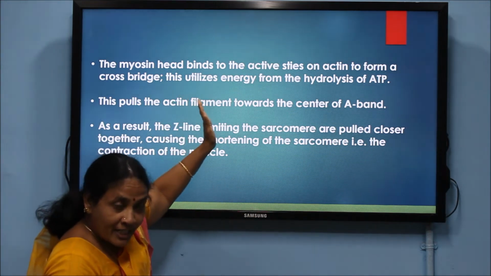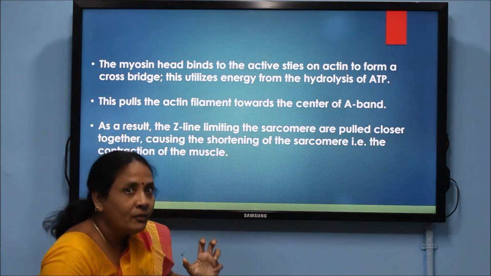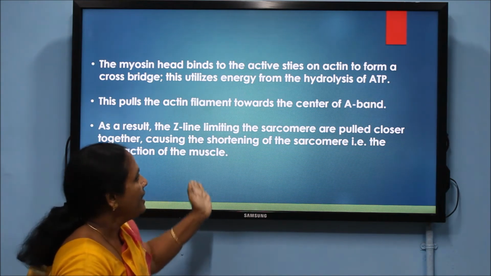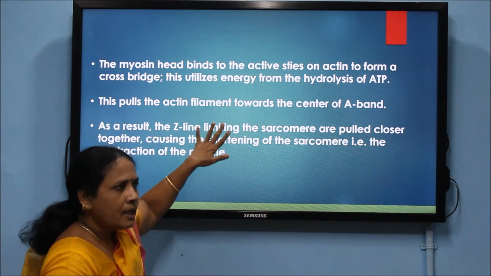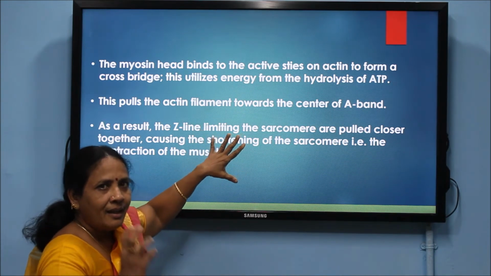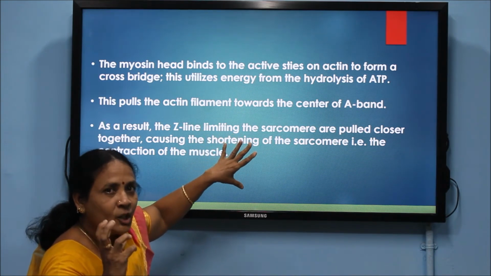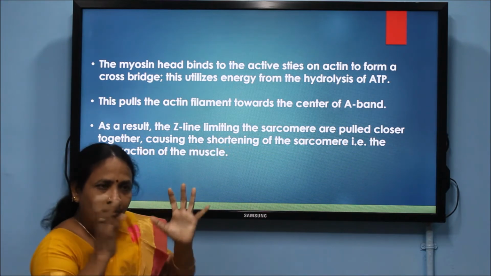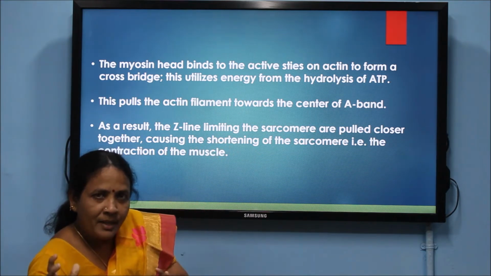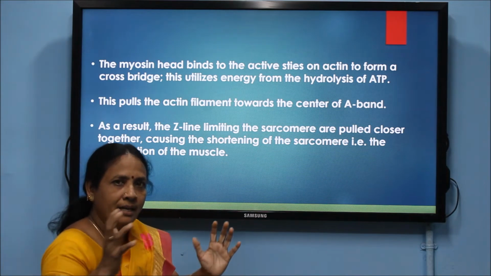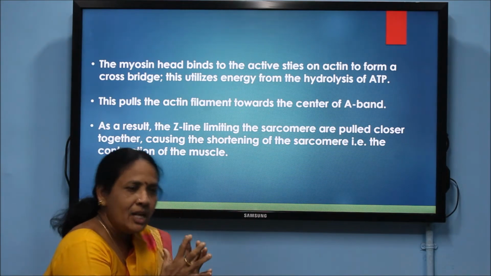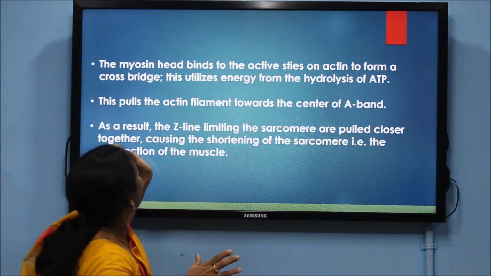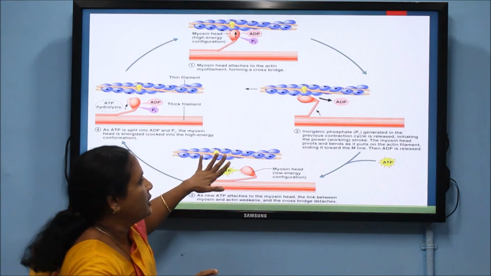Then, when the active site is exposed, the head of the myosin comes and joins the active site of the actin filament. When the head of the myosin filament and the actin filament join, they form the cross bridges.